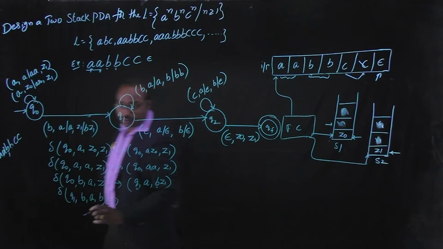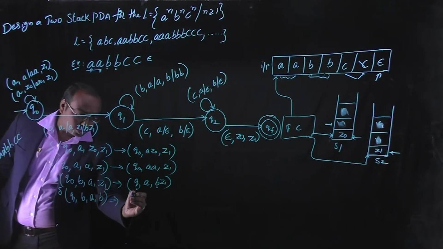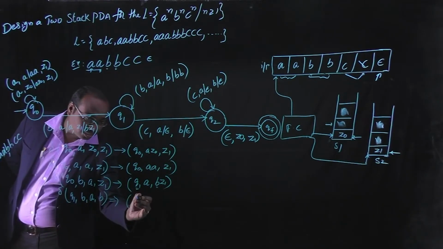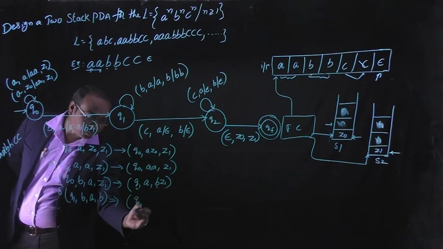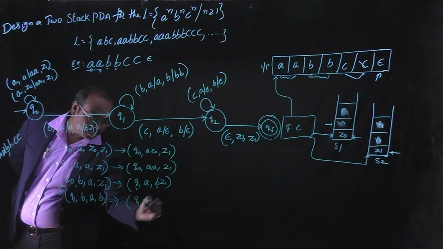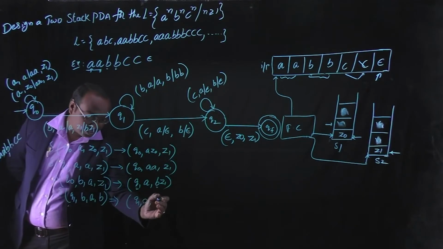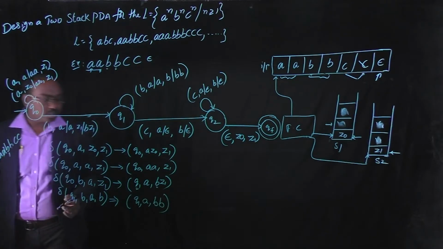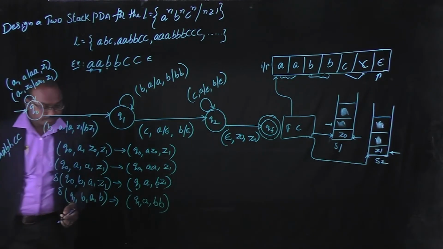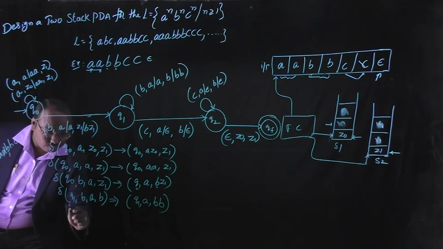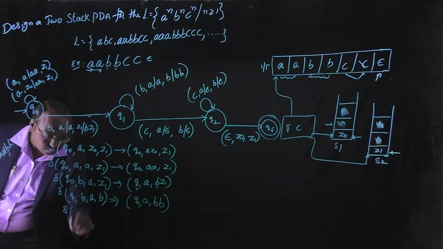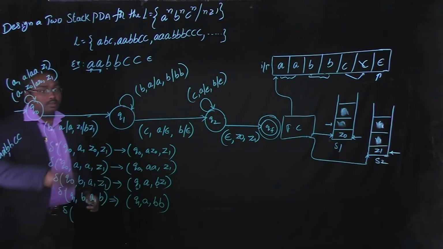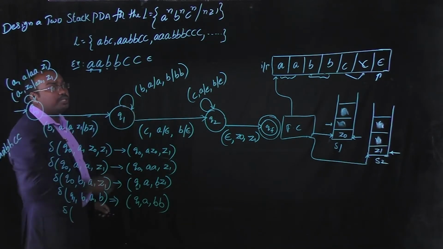Now again we can push that B onto stack 2. In state Q1, with stack 1 top element and stack 2, we can push that B also onto the stack. So here the 2 B's should be over.